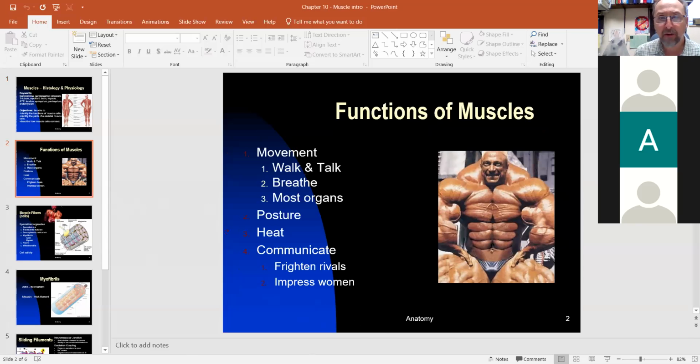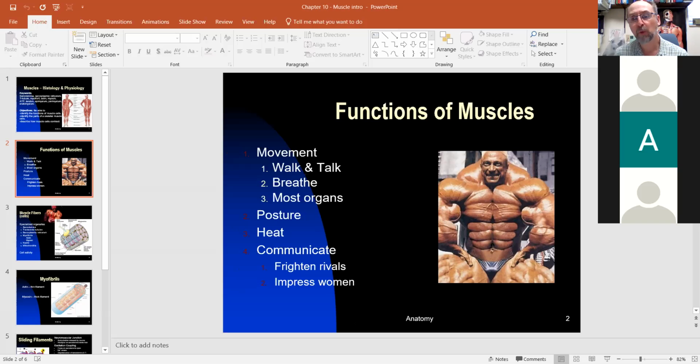Voluntary movement, walking and talking, that's a function of skeletal muscles. The way you get air into your lungs is ventilation, breathing. That's skeletal muscle. Other organs also depend on muscle to produce movement, not skeletal muscle, but either smooth muscle for digestive organs or cardiac muscle for the heart.